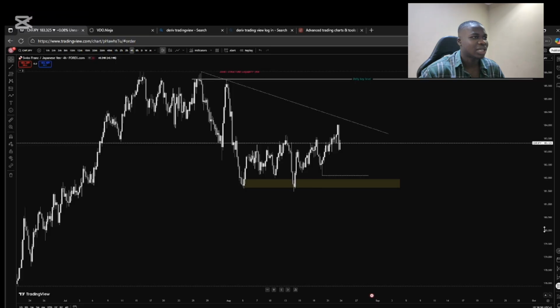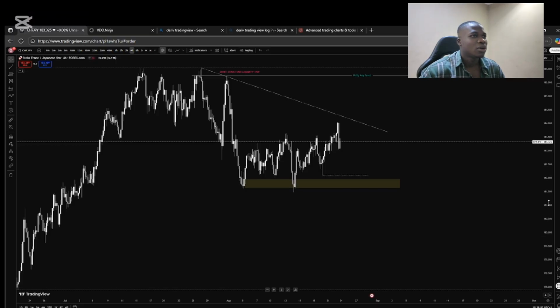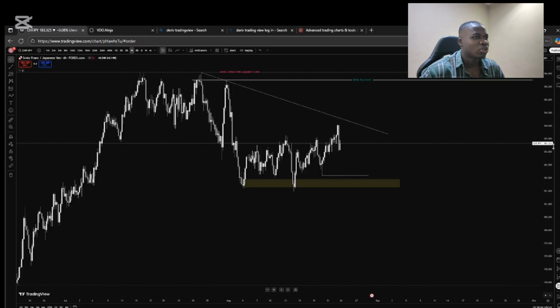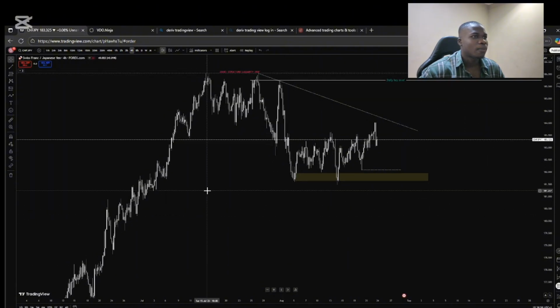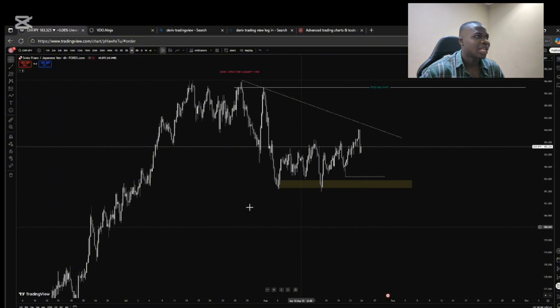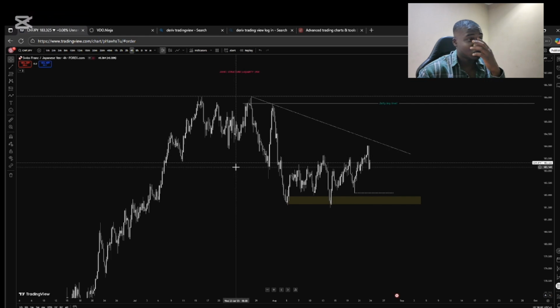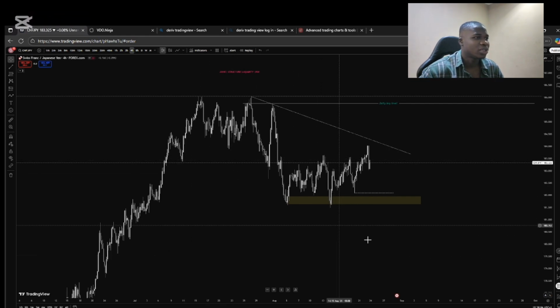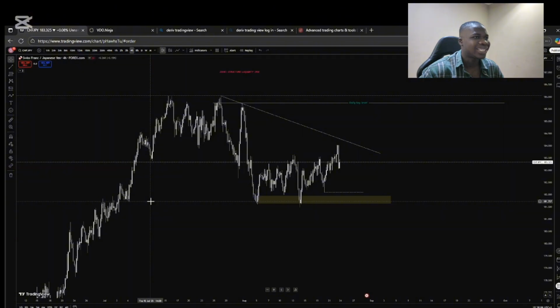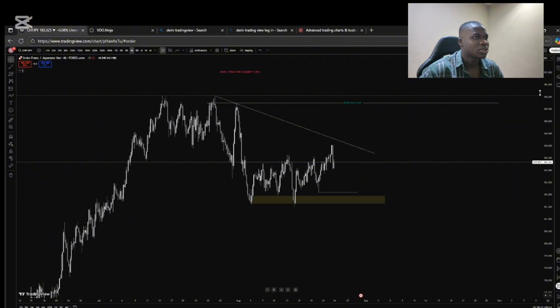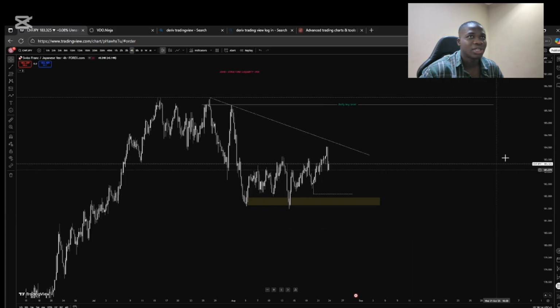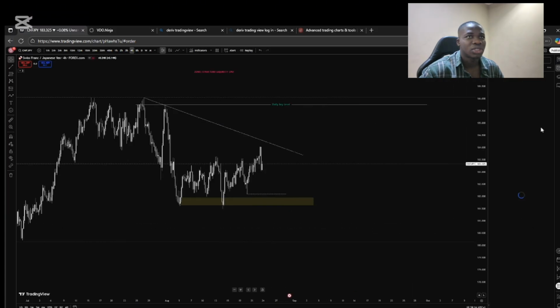It's not something that I'm looking to trade, but I could be risking a little bit of money just to take this trade because it aligns with the bullish structure, but price is not giving me an intent to buy. So I'll not be looking to buy unless I have a little bit of money to risk.